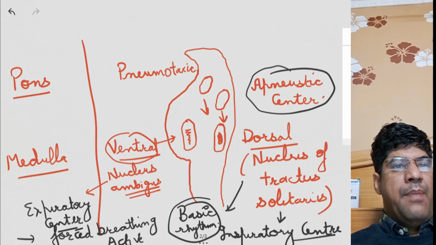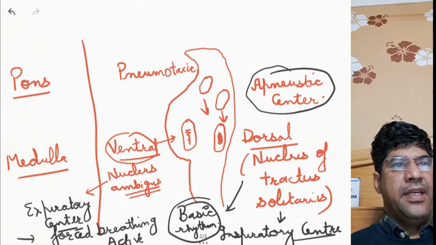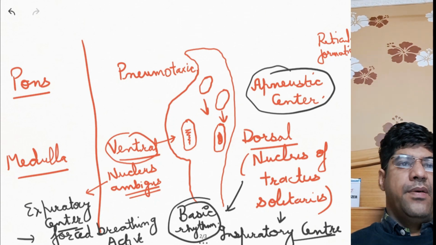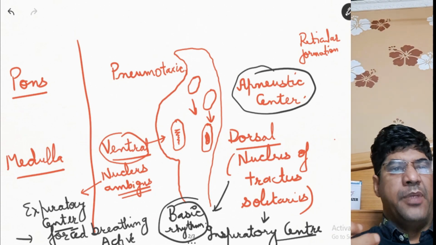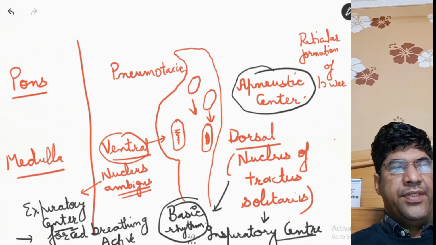Next is the apneustic center. In the pons, you will see two centers: the apneustic center and the pneumotaxic center. The apneustic center is situated in the reticular formation of the lower pons. Its function is to increase the depth of respiration by directly acting on the dorsal group neurons.